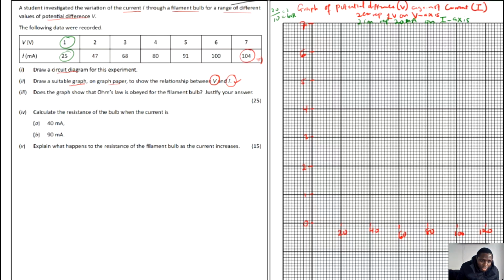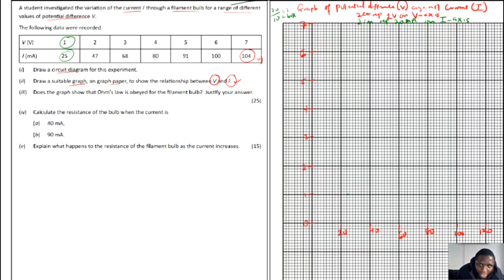The first smaller box immediately after 20 is going to be 2, so 2 plus 20 is going to be 22, then 24. Between 24 and 26, we are going to have 25. So I'm going to locate 1 and 25 here. So 1 and 25, that's it.